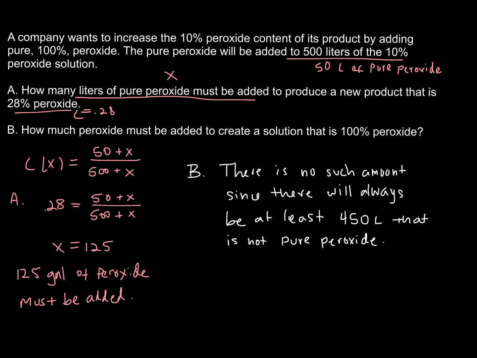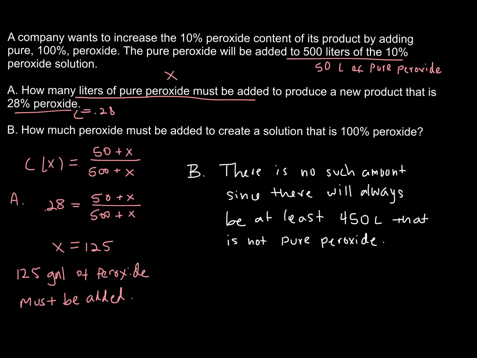Okay, so here, the key to this problem is recognizing that when they tell me that there are 500 liters of this solution and it's 10% peroxide, the concentration is 10%, meaning 10% of this is peroxide. And 10% of 500, I can multiply 500 by 0.1, and that'll give me 50 liters of pure peroxide.